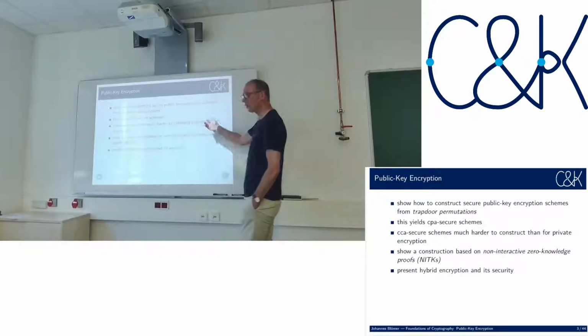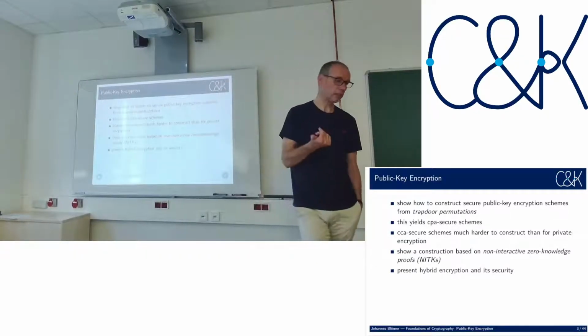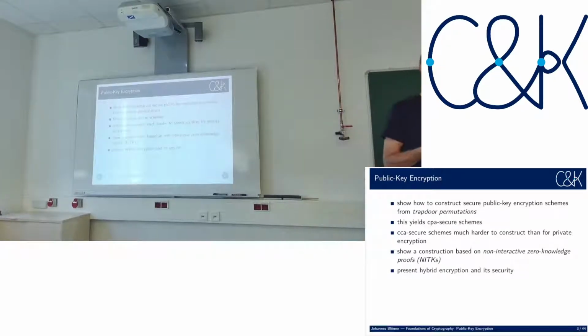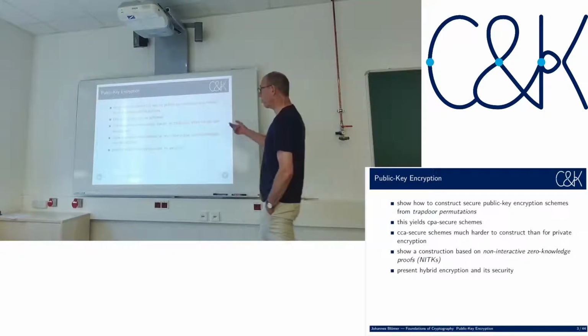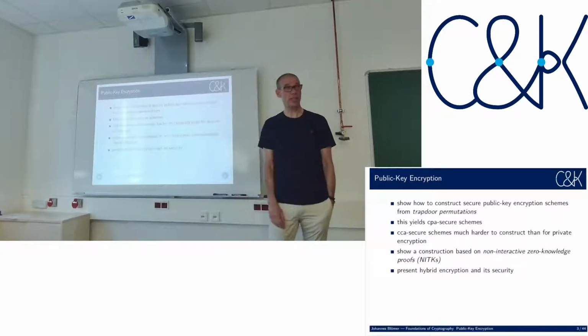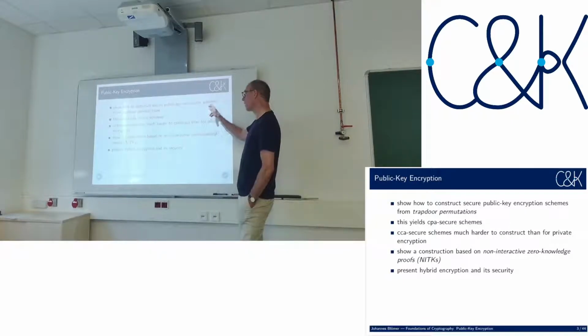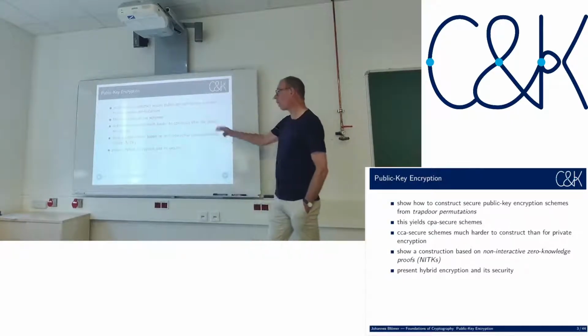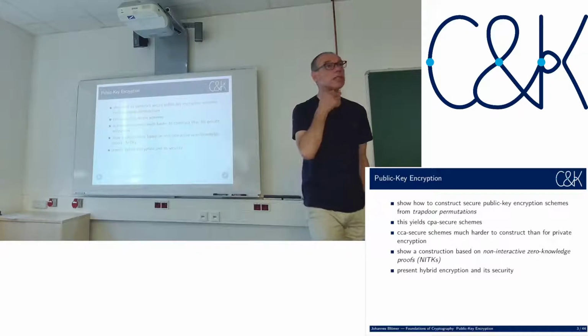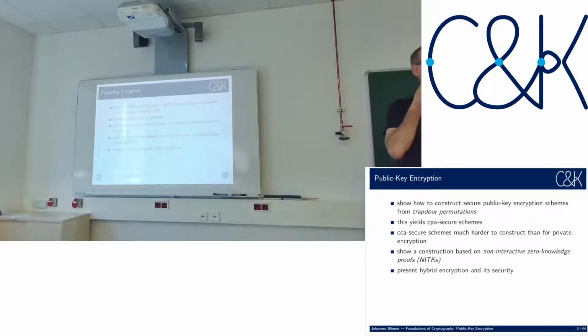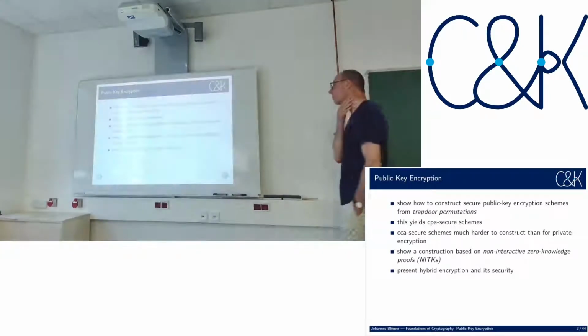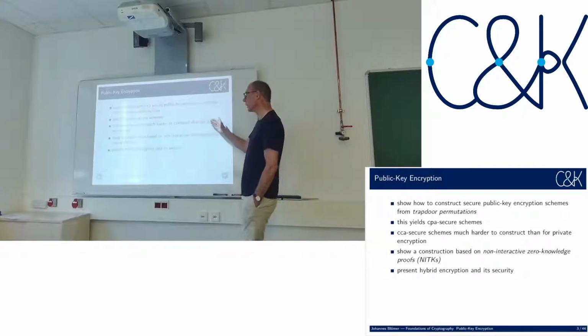And then obviously, as in the case of private key encryption schemes and public key encryption schemes, what we really would like to choose is chosen ciphertext security. But constructing chosen ciphertext secure schemes for public key encryption turns out to be much harder than for private key encryption schemes.